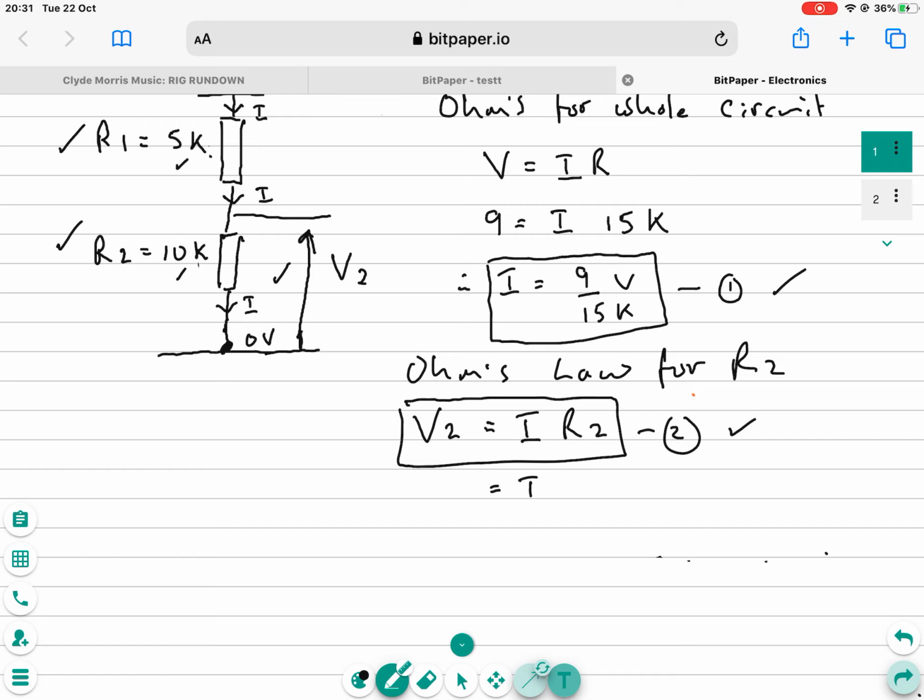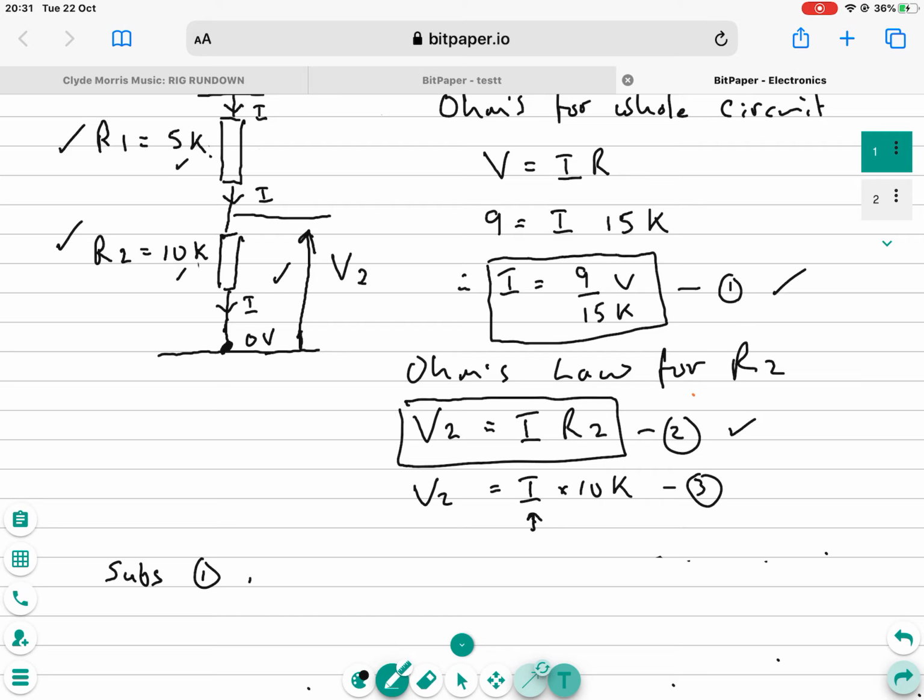This is going to be I times 10K, because that's what V2 is. I'll call this number 3. Now what I need to do is substitute for the current in this equation here. In other words, I need to substitute 1 into equation 3.